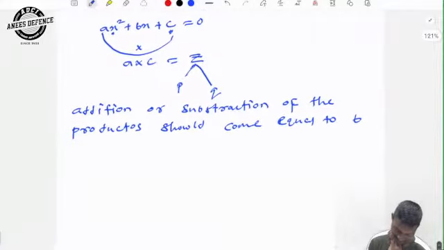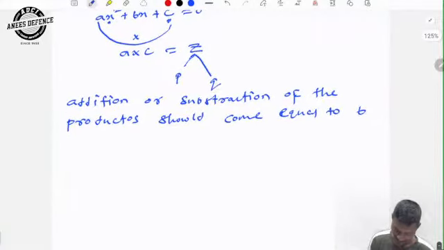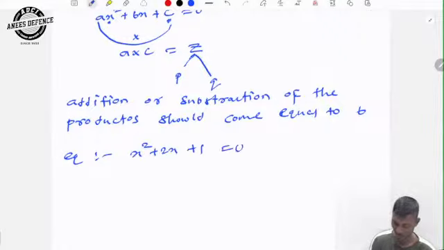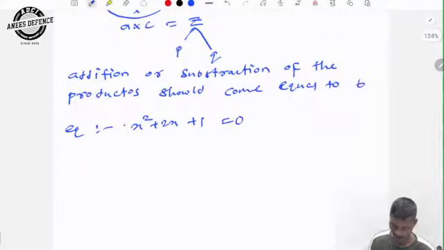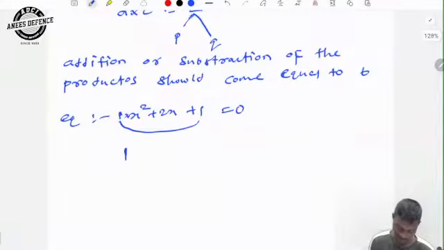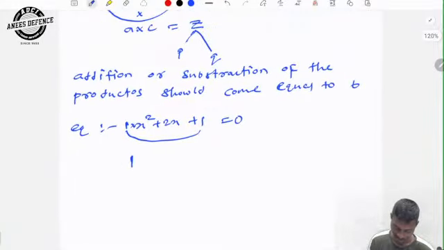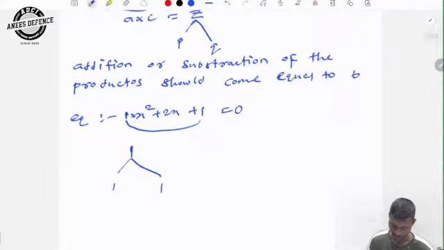Okay, so we will take an example, that is x square plus 2x plus 1 is equal to 0. So we will multiply the coefficient of x square and the constant term. So here we will get 1, and the other two products are 1 and 1.